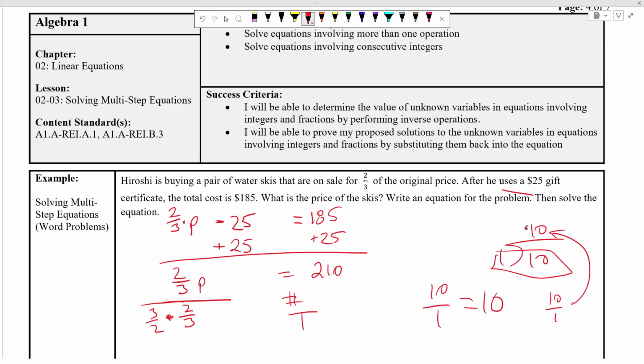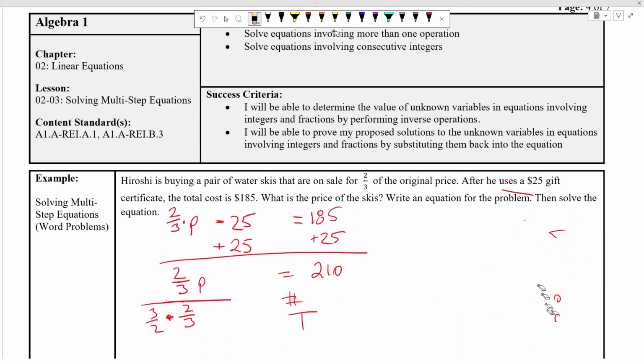When we write it, we generally tend to just write the 10, and we effectively remove, cancel out, or simply stop writing the over 1. That's the underlying theory and idea behind everything. Great if you understand that, but just know procedurally what you must do is flip the fraction and do it to both sides. So flip the fraction, do it to both sides.